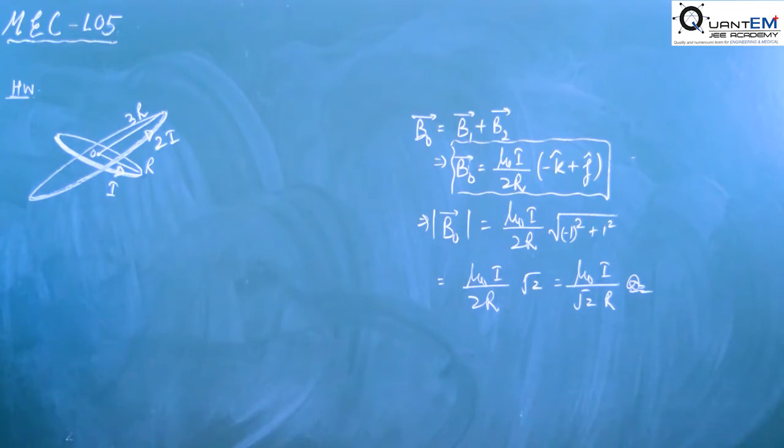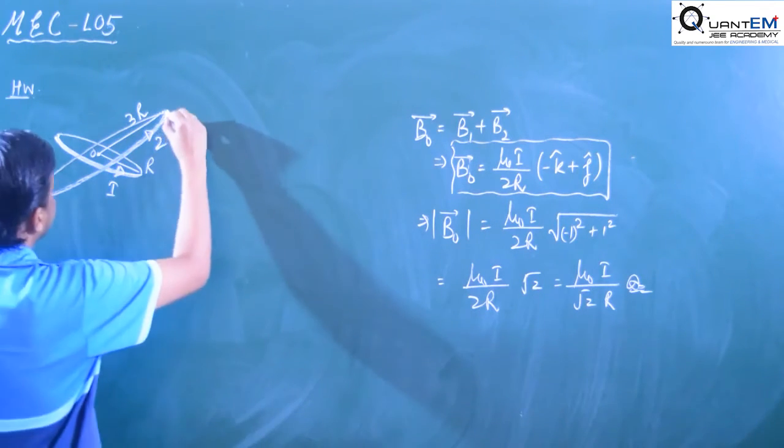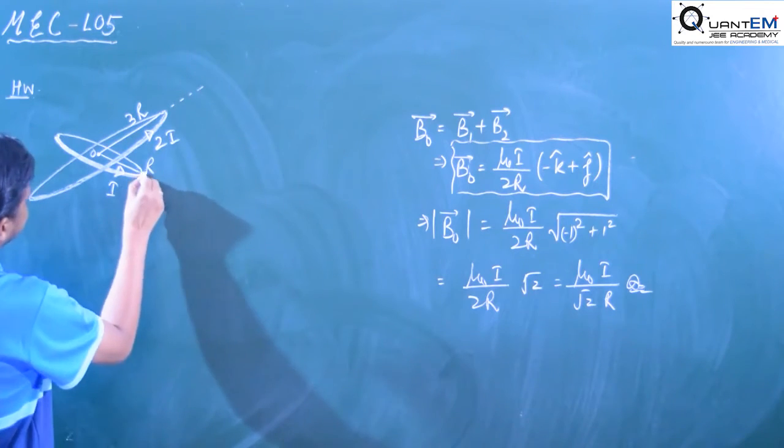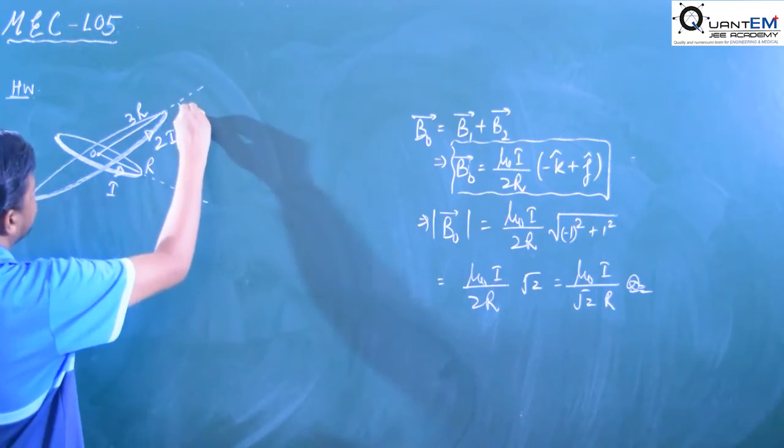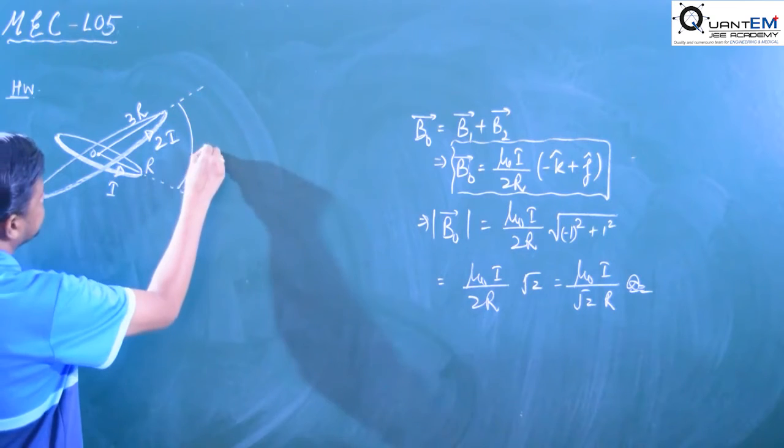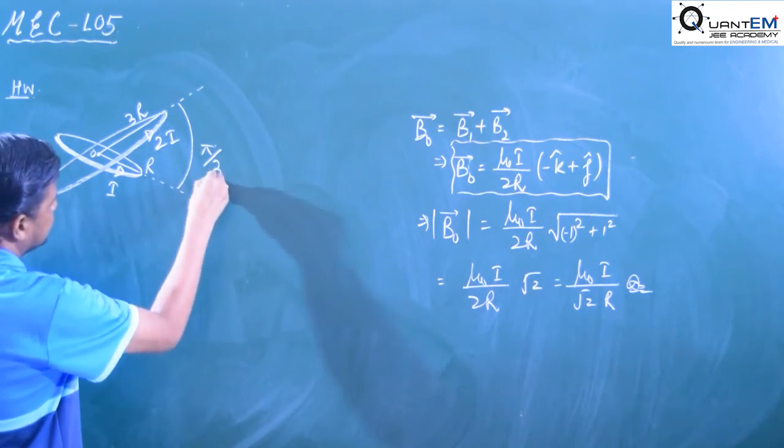These rings are coplanar, and what is the angle between the planes? Angle between the planes is given as pi by 3.